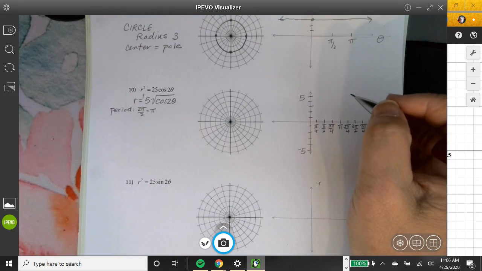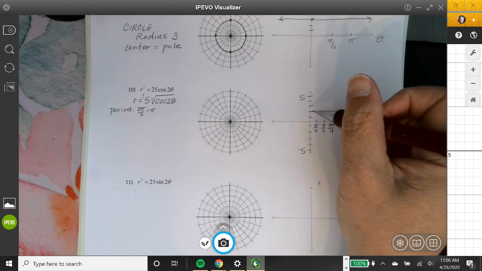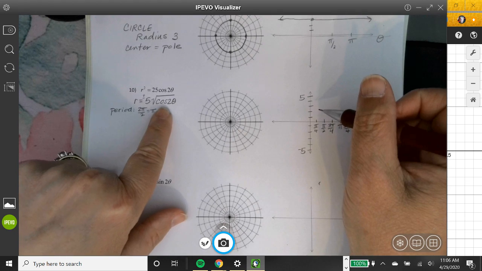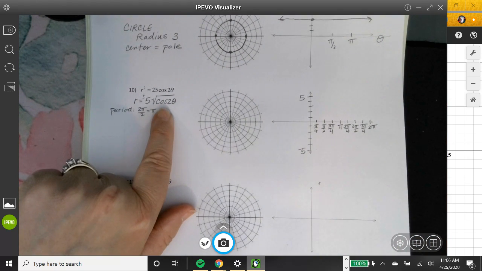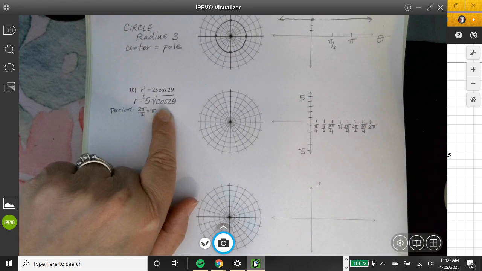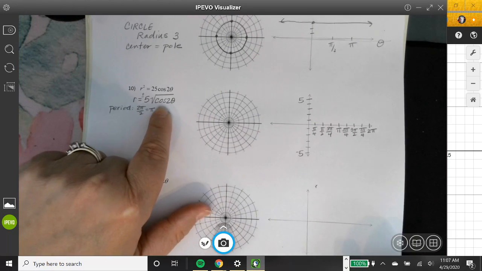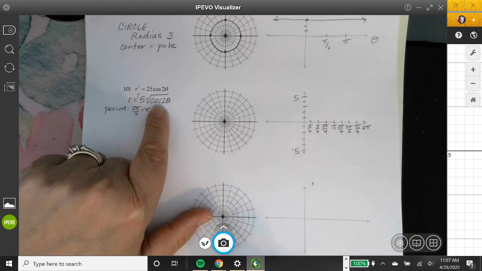Okay, now, I don't know what the square root of whatever this is going to be. It's going to be a number. It's going to be smaller than the regular cosine curve. But I know that I can't take the square root of what kind of numbers? Negative numbers. Okay, so I am going to draw this curve as if it was a cosine, but it's a square root of a cosine.